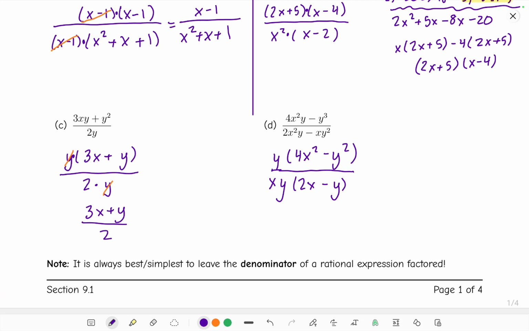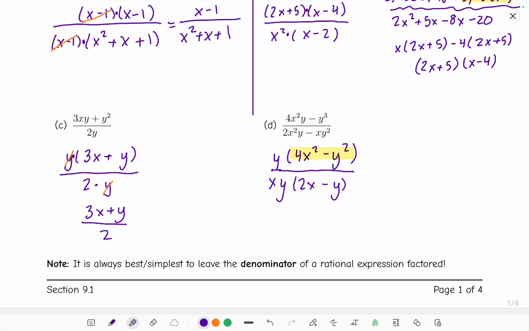Now at first glance, it looks like only the y's can cancel out. But before I reduce anything, I notice 4x squared minus y squared is a difference of squares. So even though I factored it once, I can factor it again.